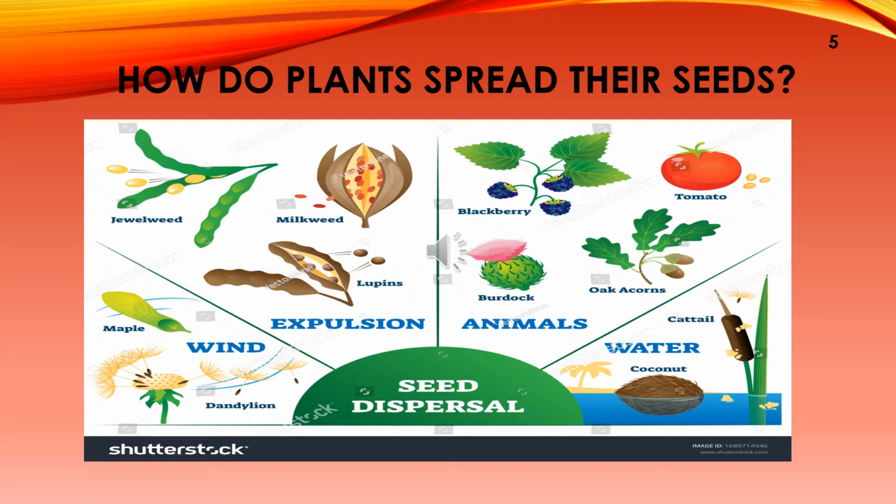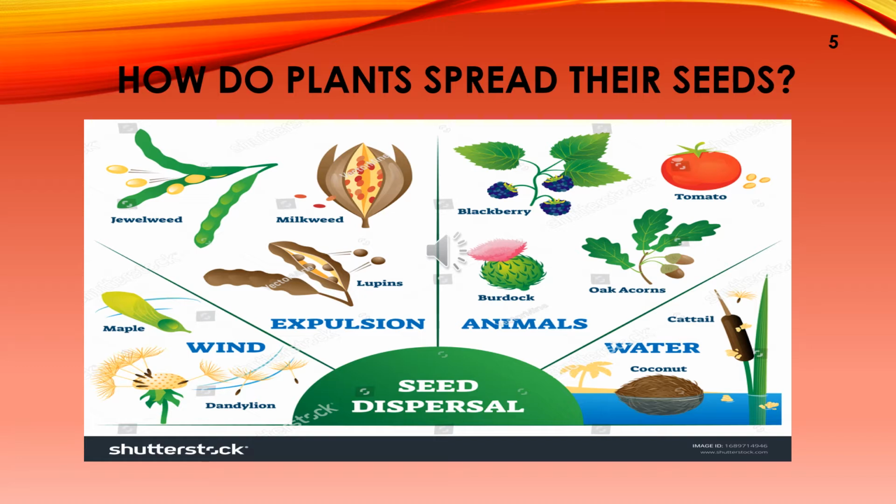You have dandelion, cockleburr, coconut, pea, blackberry, sycamore, and hazelnut. With this information, you're going to be able to answer the bottom of page 40, forms of seed dispersal.